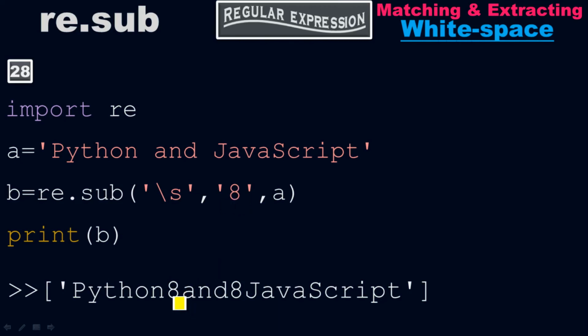Again, I'm telling you, I'm only dealing with the white space. I have no concern with the Python and JavaScript. I'm only concerned with the white spaces, because it clearly mentions that backslash small s matches white space only. So by using the substitution function, this value will be placed in the a, this a, at the white spaces here and here.